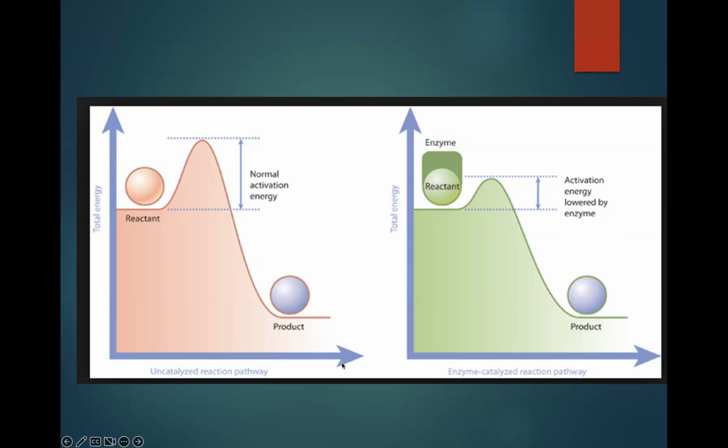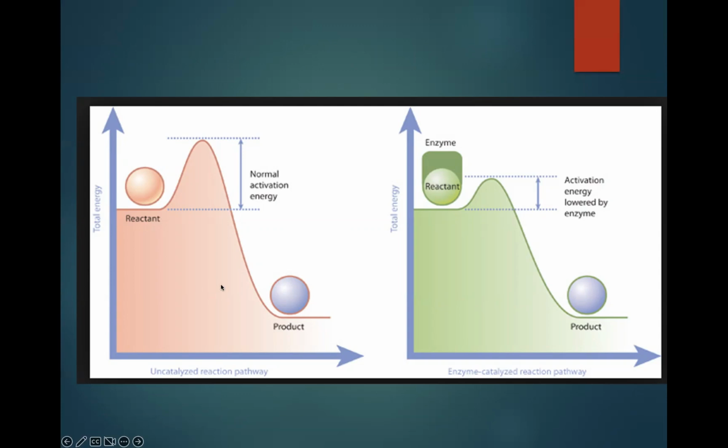This is an uncatalyzed reaction. This is the normal amount of energy that is required. However, if we take a look over here for this same reaction, right? This chemical reaction wants to go from reactant to product. What we see here is that there is a reduced or lower amount of activation energy that's been lowered by the presence of this enzyme. Okay, so this is our enzyme catalyzed reaction.